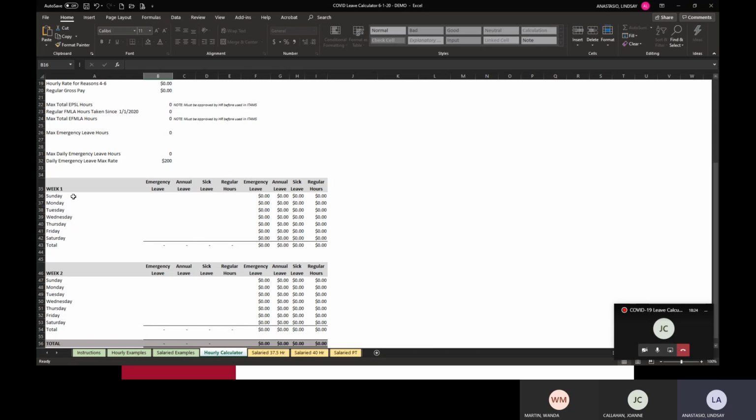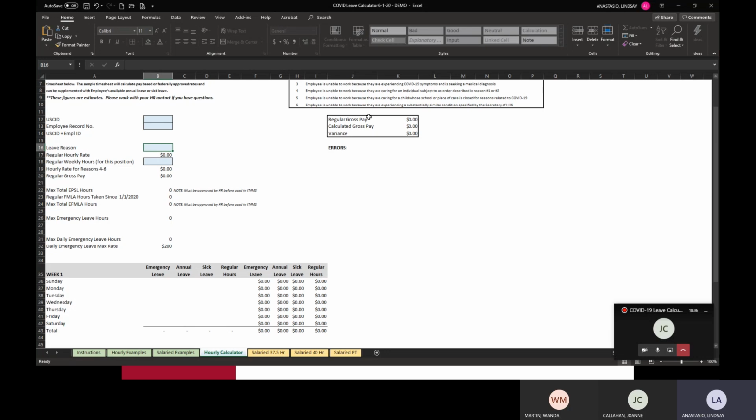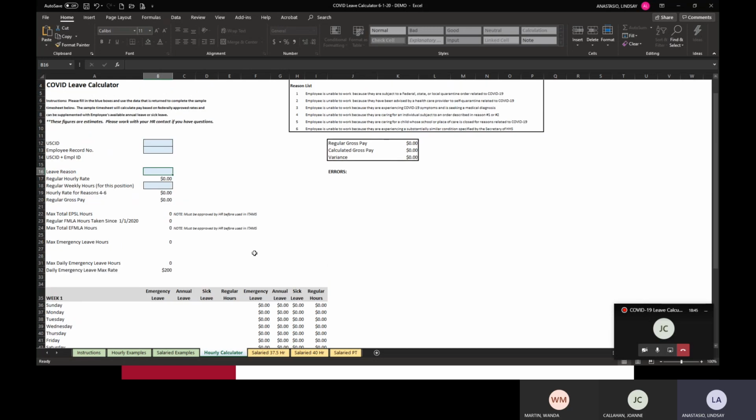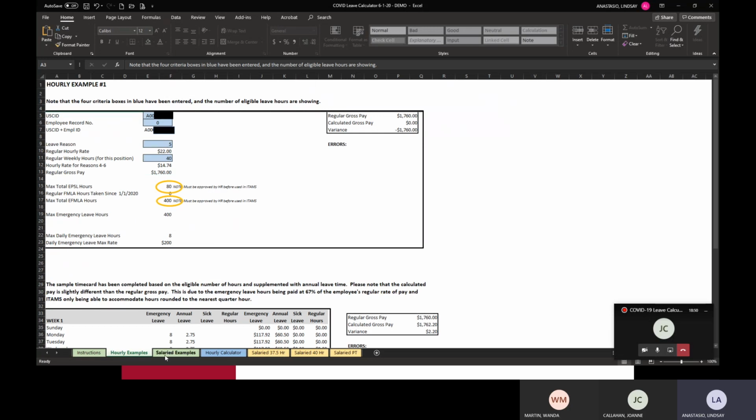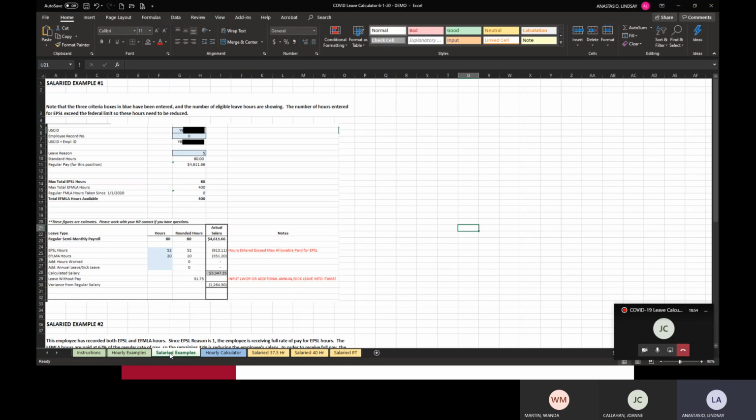But you can put in your hours by day, your EPSL, your annual leave, sick leave, regular hours, and it will tell you what is calculated for gross pay versus what the employee is regularly paid, so you can see the variance. As you go through this, you can see that there are some examples on these tabs if you just need additional reference information.